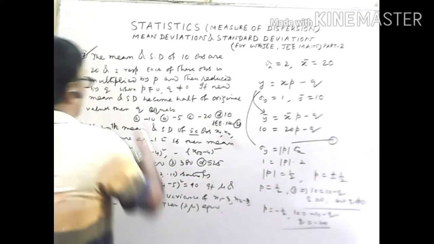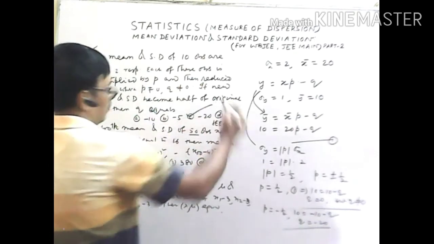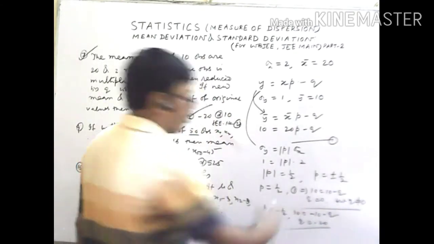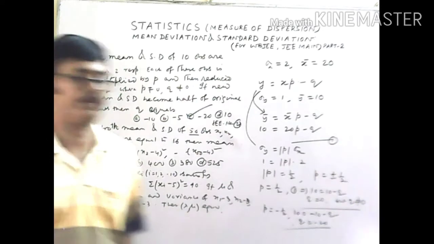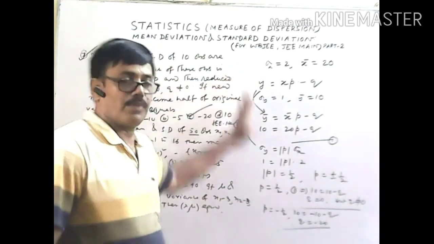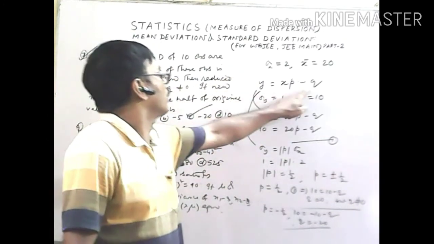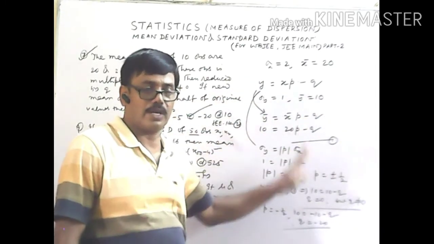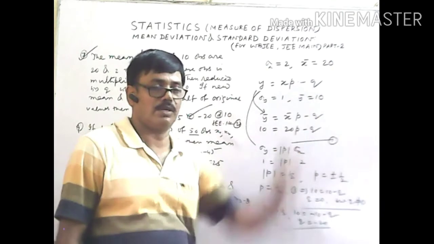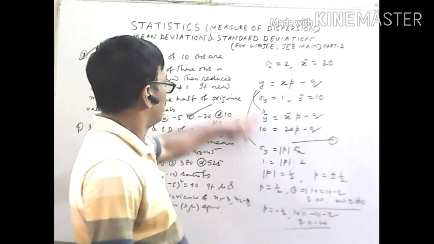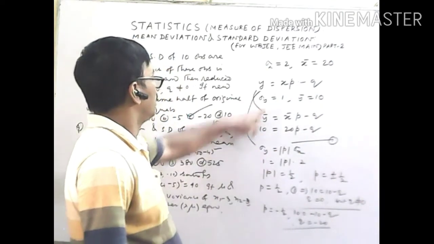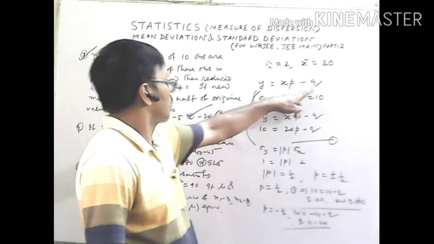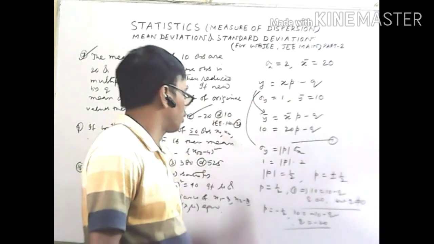So the value of q is minus 20. Very simple problem. From this relation you have to find the mean and standard deviation using the formula. Standard deviation is independent of change of origin, so it does not depend on q.